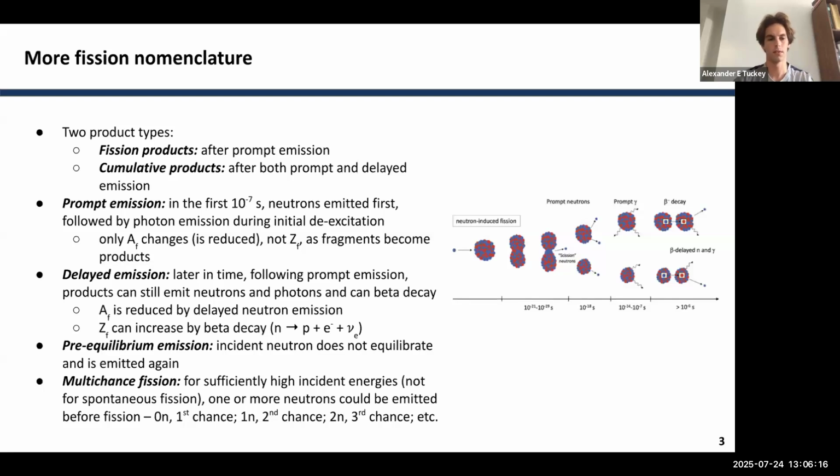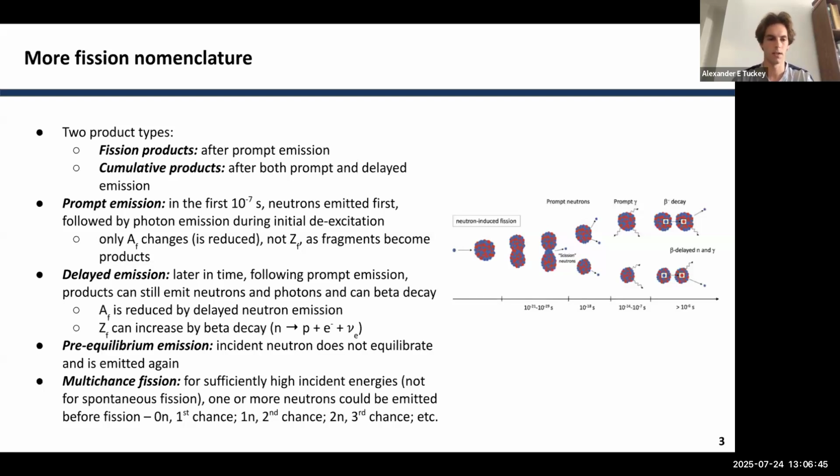So the first of which that I will discuss briefly is pre-equilibrium emission, in which our incident neutron is absorbed by the target nucleus, creating that compound nucleus, but it doesn't fully equilibrate, and so it's re-emitted again. In that case, if the excitation energy of the excited nucleus is above the fission barrier, it can go on to fission.